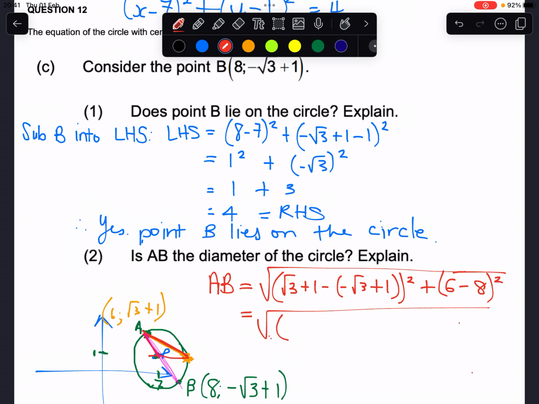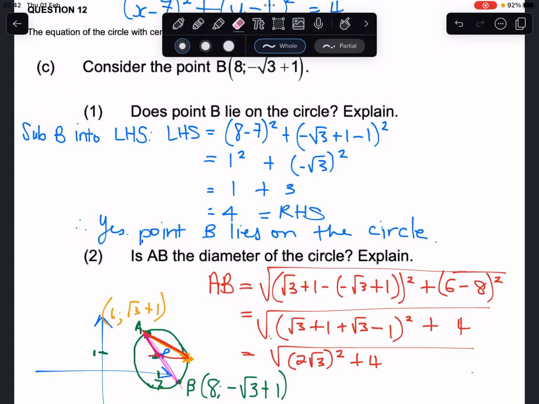Right, so we have got root of (root 3 plus 1 plus root 3 minus 1) squared, and here we've got 4. And then we have (2 root 3) squared plus 4. Oh, it's a bit of an eager square root. Okay.